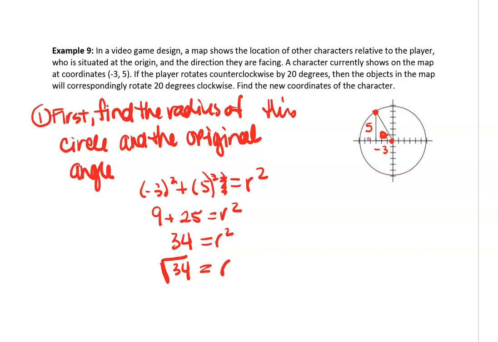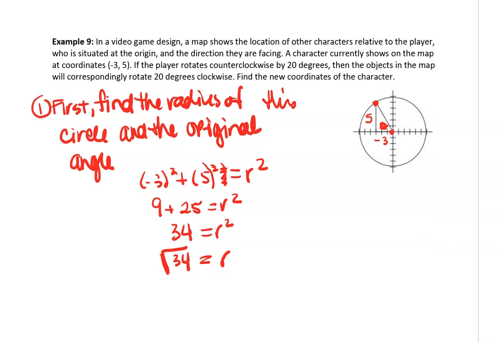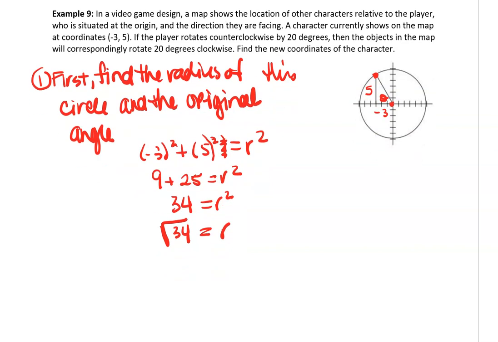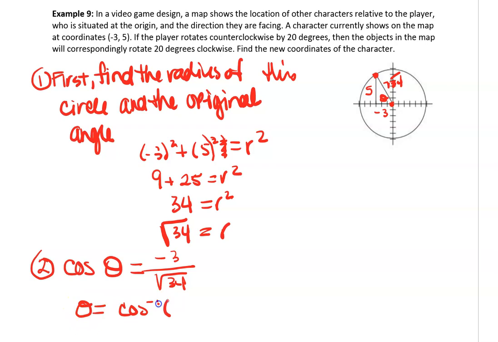So if I want to figure out the angle, cosine of theta is equal to negative 3 over square root of 34. Knowing my newfound information of square root of 34, I can figure out this angle using my arc functions. Theta is equal to the arc cosine of negative 3 over square root of 34.